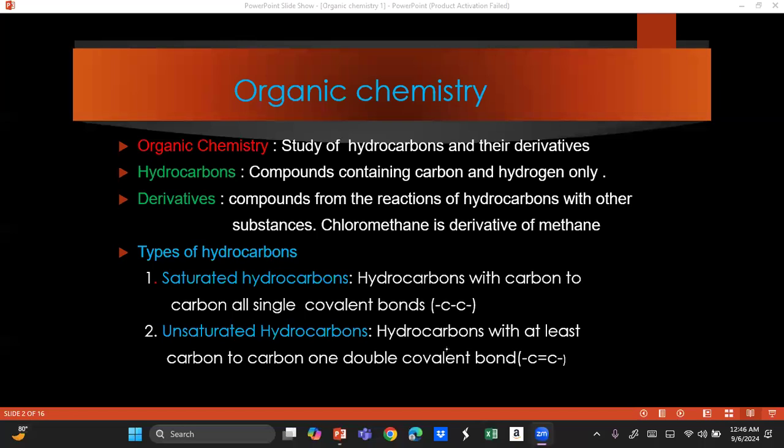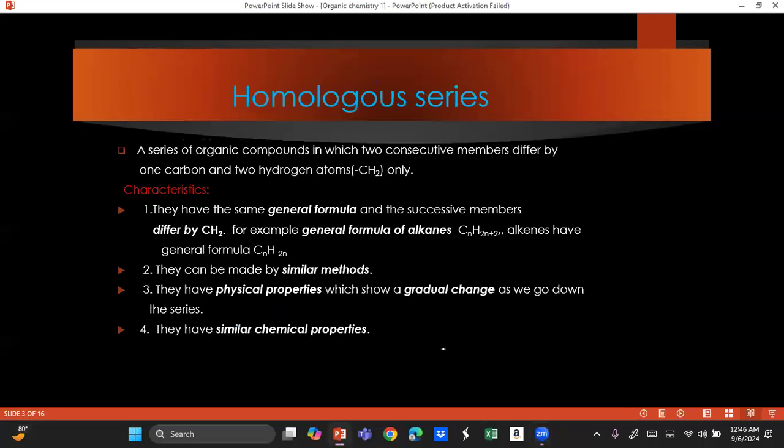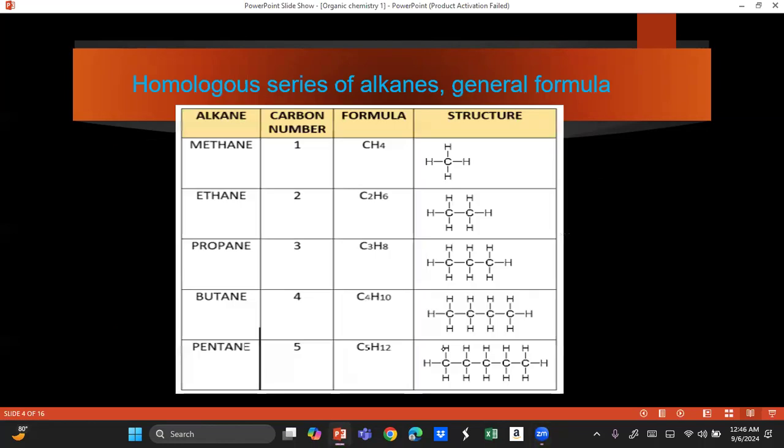Okay, now let's talk about homologous series. Before this, I want to show you a table containing the homologous series of alkanes. You can see this table. This is the homologous series of alkanes.